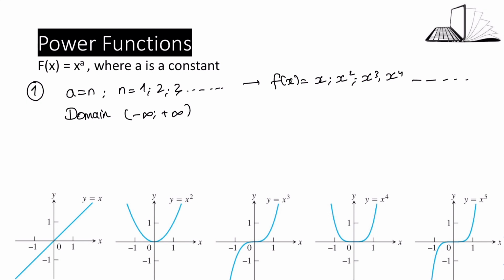Whereas the range in the odd function is from minus infinity to plus infinity, but in even functions, the range is from 0, included, to plus infinity.